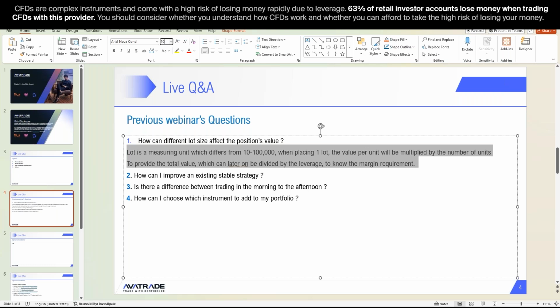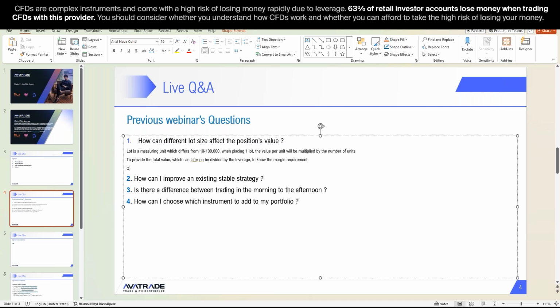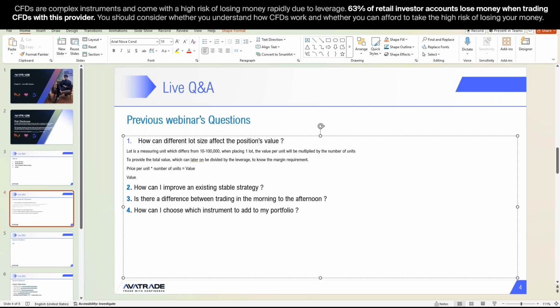Basically, the equation here is very simple. Just a second. Price per unit times number of units equals value, and then we've got value divided by leverage equals margin impact.